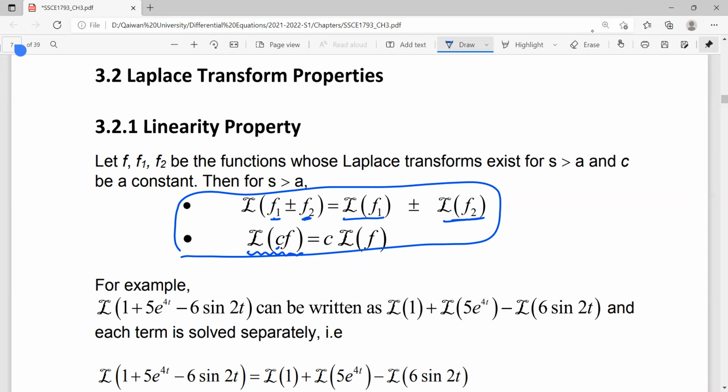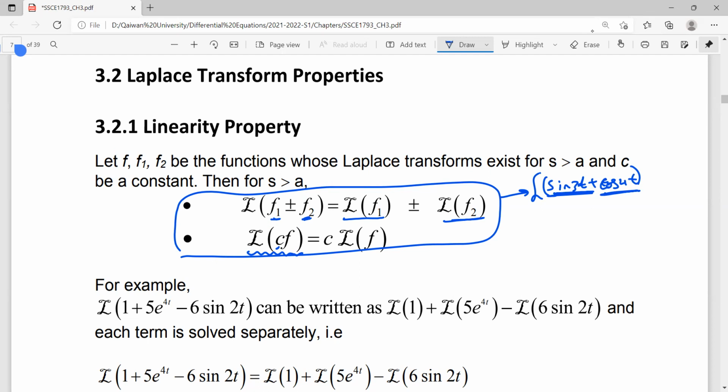That means here, for the first one, if we have, let's say, sine 3t plus cosine 4t, the Laplace transform of this function is the Laplace transform of sine 3t plus the Laplace transform of cosine 4t. We take the Laplace transform for each function separately.